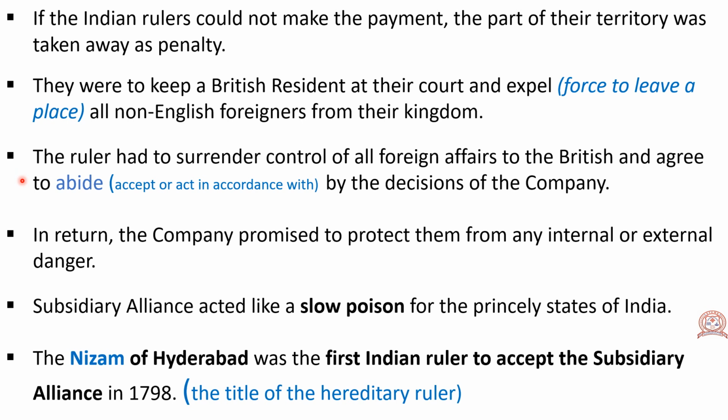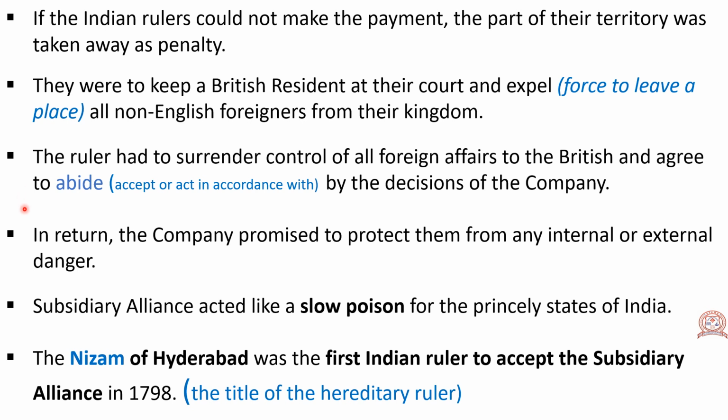The ruler had to surrender control of all foreign affairs to the British and agree to abide by the decisions of the company. Means the British controlled all foreign affairs in their territory and they had to agree to accept the decisions of the company.